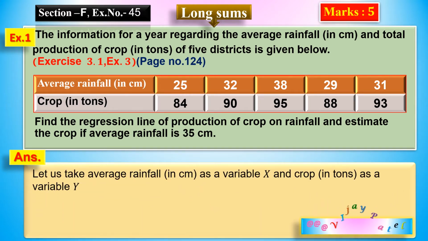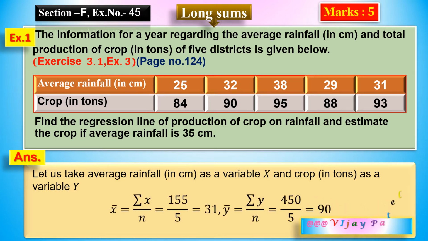See here, let us take average rainfall in centimeter as a variable x and crop in tons as a variable y. x bar is equal to sigma x upon n, so 155 upon 5 is equal to 31 and y bar is equal to sigma y upon n is equal to 450 upon 5 is equal to 90.